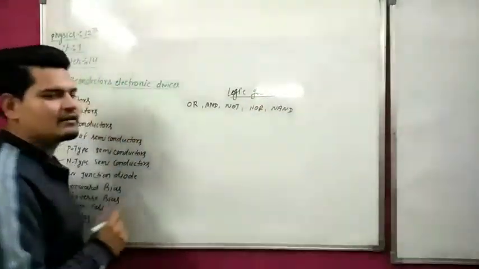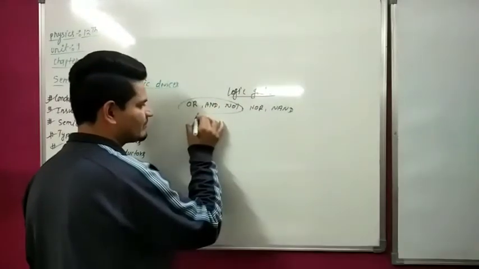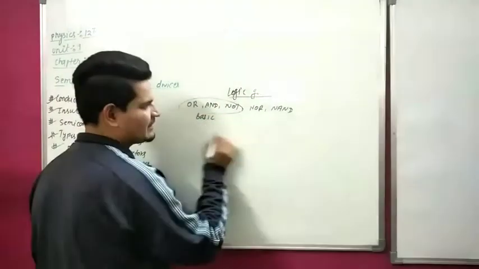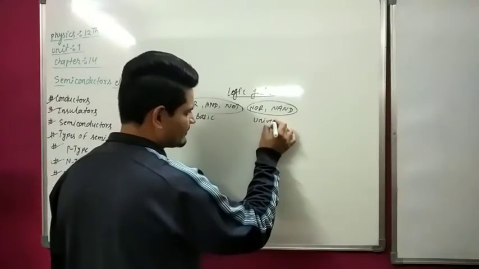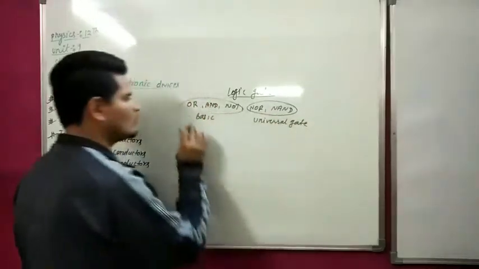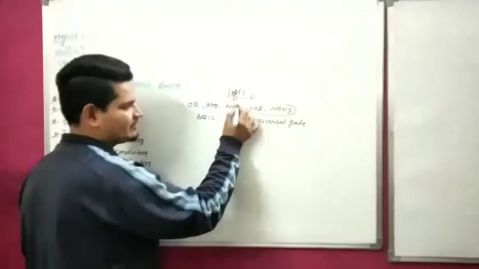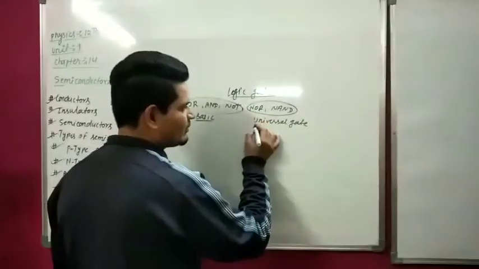These are the types of gate. The first three are called basic gates, and the last two are called universal gates.